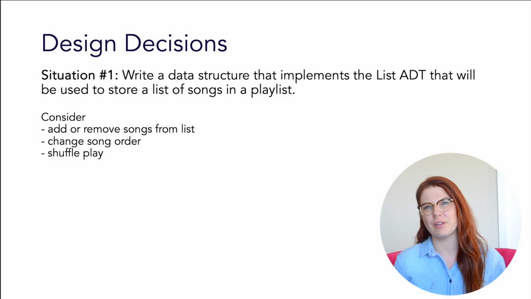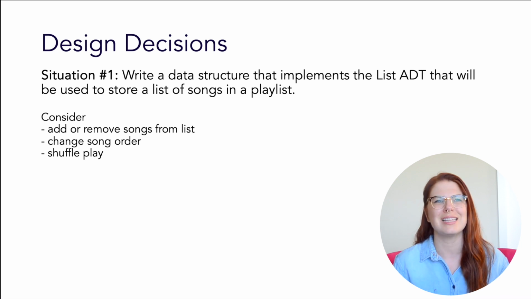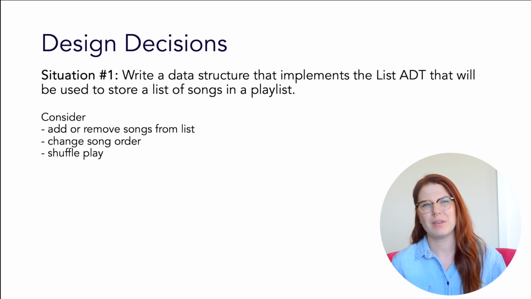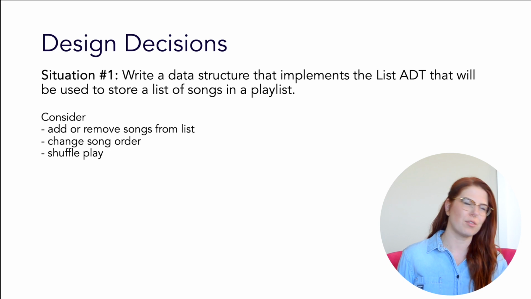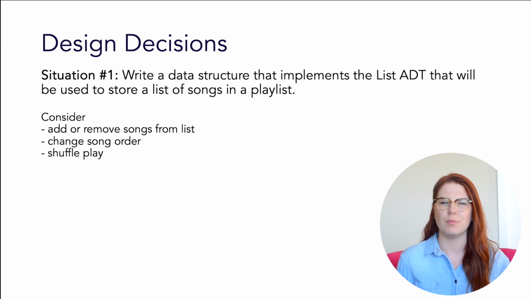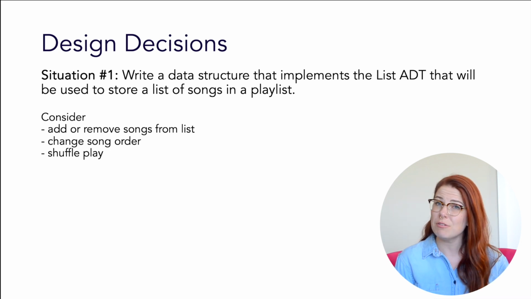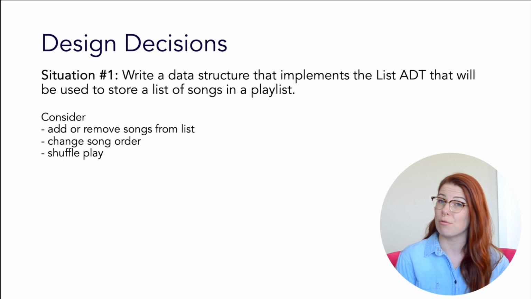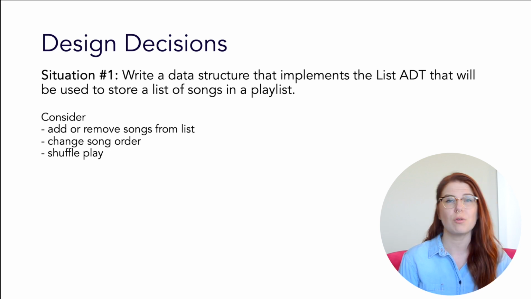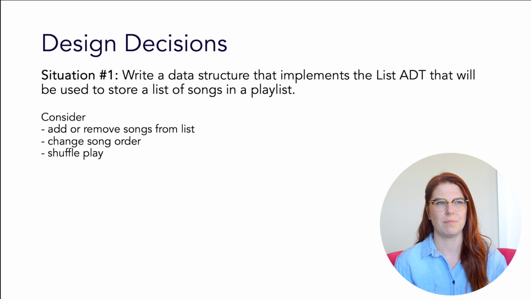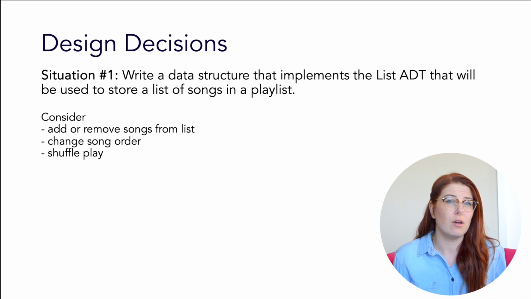Now we're going to ask you to use the list ADT, because that will give us the way to order things, get indices, add and remove, and so on and so forth. But it's up to you to decide, do you want to use the array implementation of the list or the linked list implementation? So you might want to consider what you do most often with a playlist.